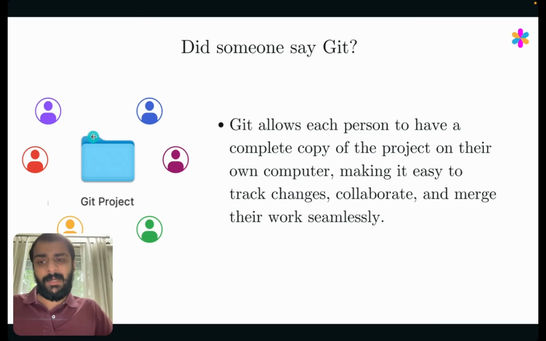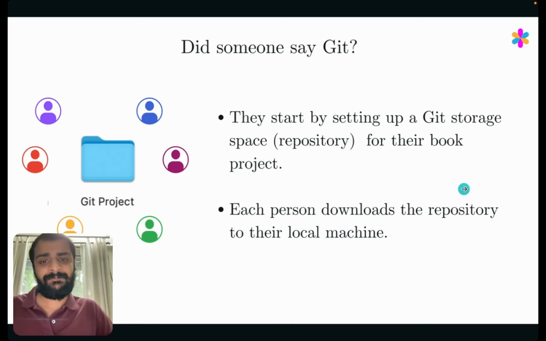And for these six people, there will be one central place where the current version of the project will be stored. That central place will be hosted on github.com, and then all the six people can have copies on their own machine. That makes it extremely easy to track changes, collaborate, and merge their work seamlessly.